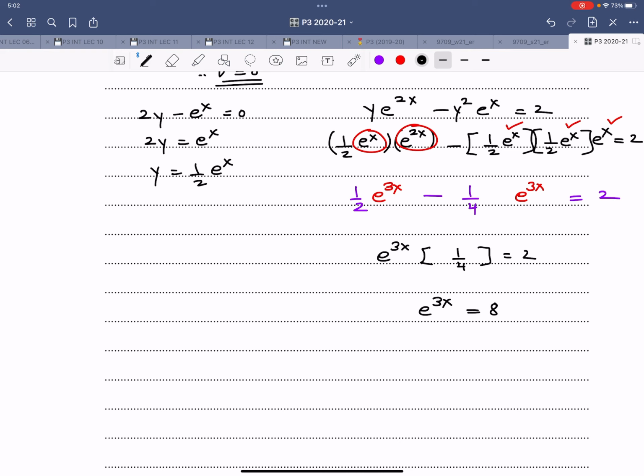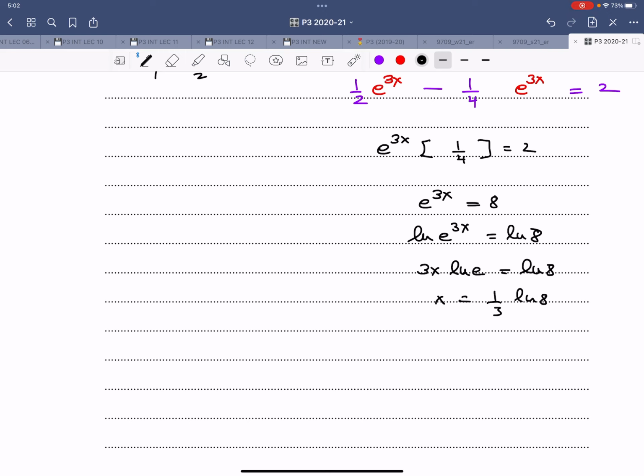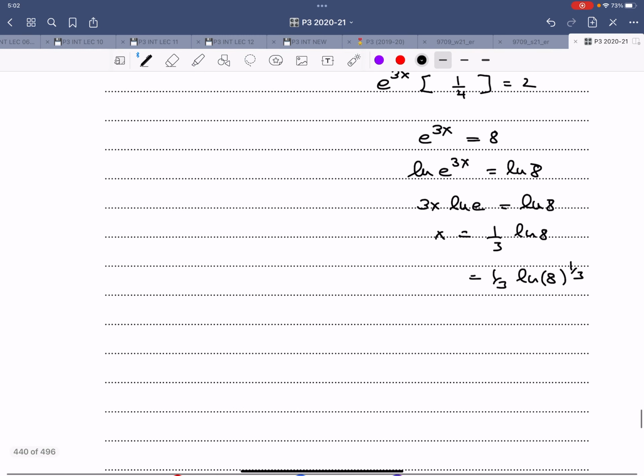That looks like a smooth answer. Taking ln, 3x is ln of 8, so x is 1/3 ln of 8. That is ln of the cube root of 8, because the 1/3 goes over there, so this comes out to be ln of 2. So x is equal to ln 2.